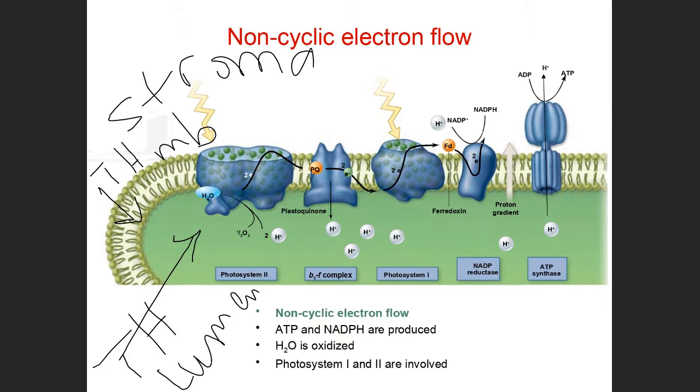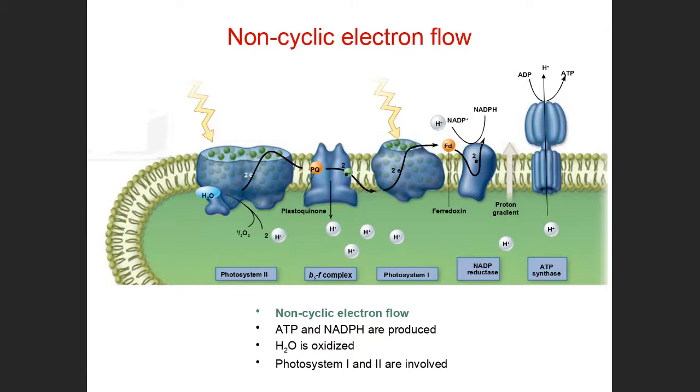Now I identified my place. Let's see what's going on here. I have light hitting my plant. Where in the plant? Mesophyll. Where in the mesophyll? The chloroplast. Where exactly in the chloroplast? The thylakoid membrane. What do we have in the thylakoid membrane? We have two photosystems, 1 and 2. Okay.